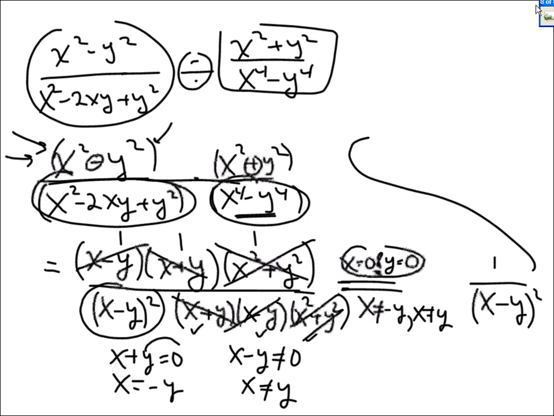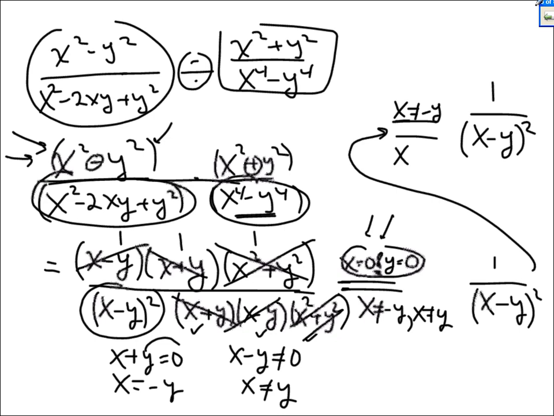Okay, now, if you want to be really slick, I claim that you can remove this restriction and just say x cannot be negative y and x cannot be y. Okay, think about why I'm saying that.